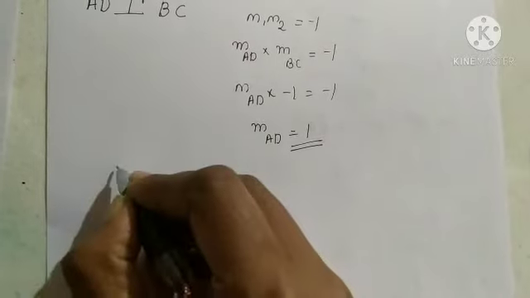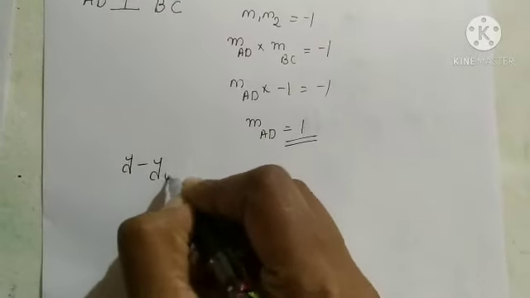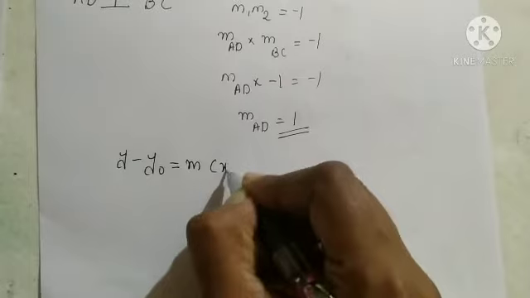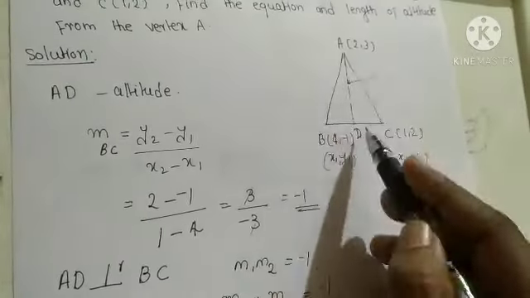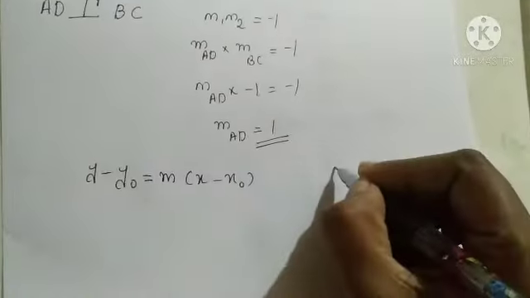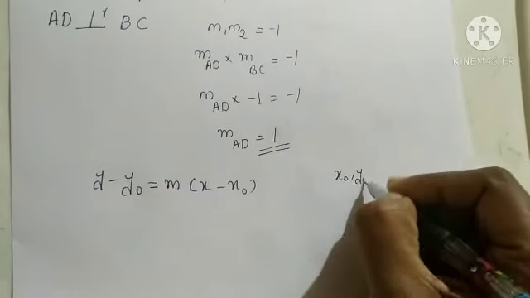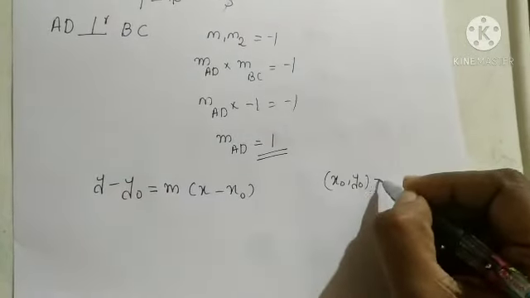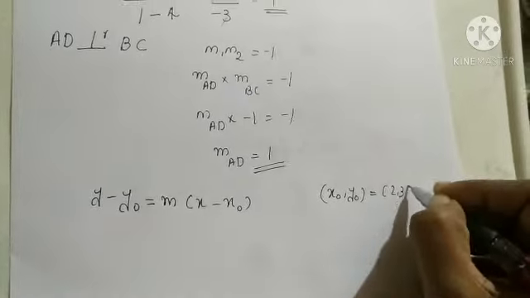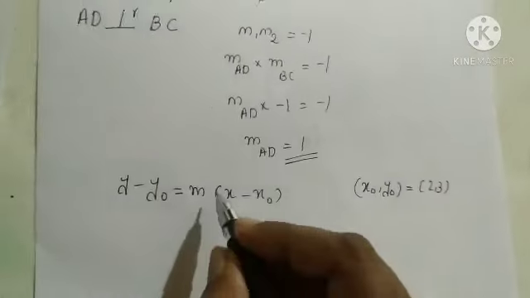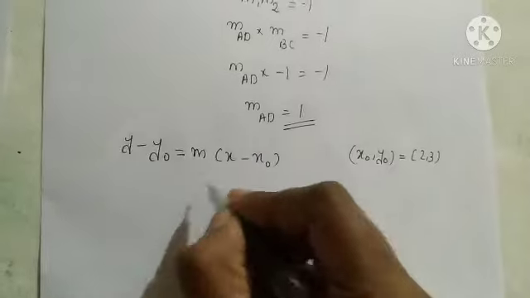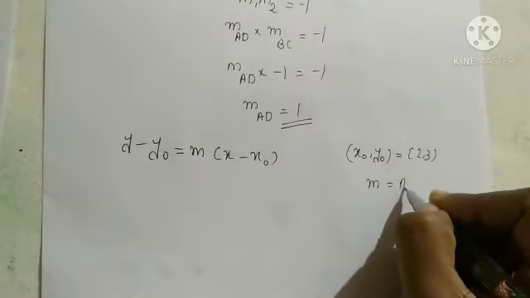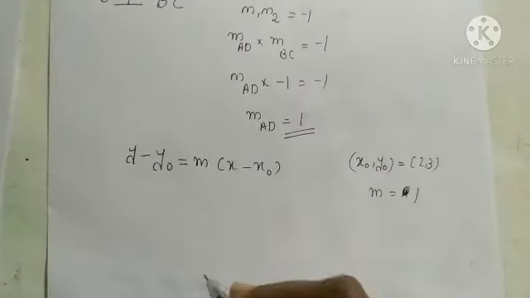And what is that form? y minus y naught equal to m into (x minus x naught). Here one point of AD is (2, 3). It is given. So let x naught, y naught be (2, 3), and slope m is equal to 1.